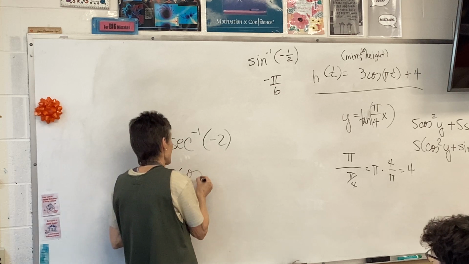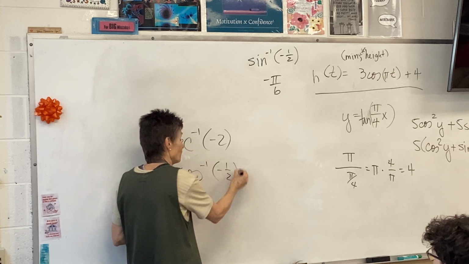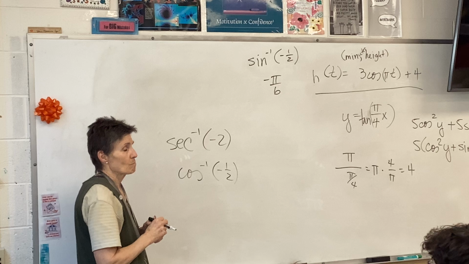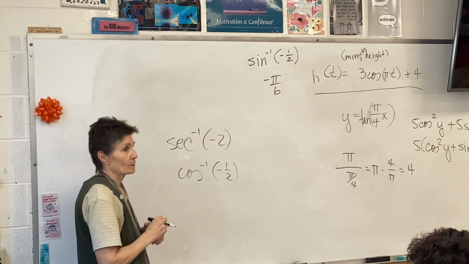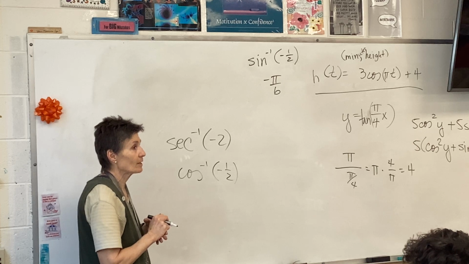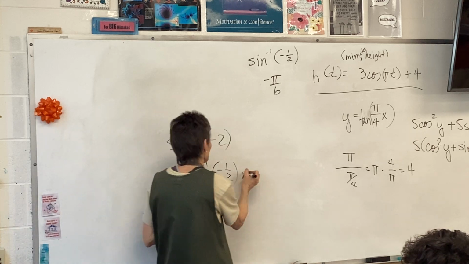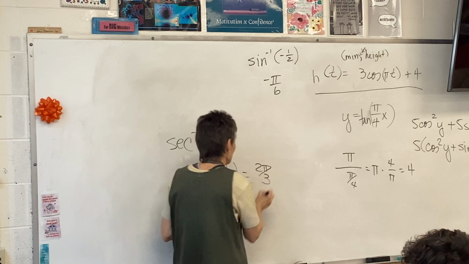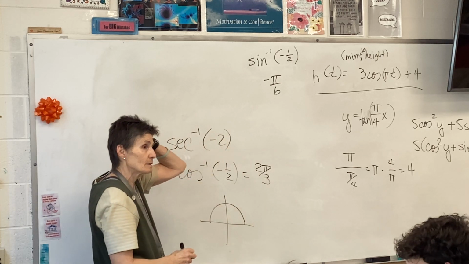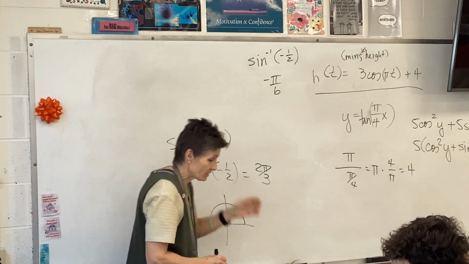So this would say the cosine is negative 1/2. What's the answer to that one? I heard somebody say it. 2 pi over 3. Absolutely. Because for the cosine, your answers have to be up here. Very, very good.